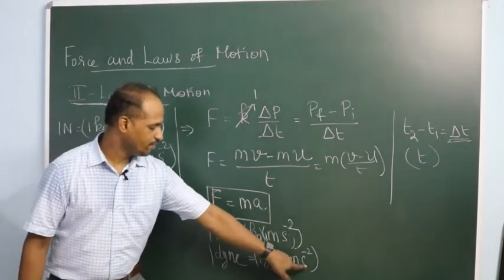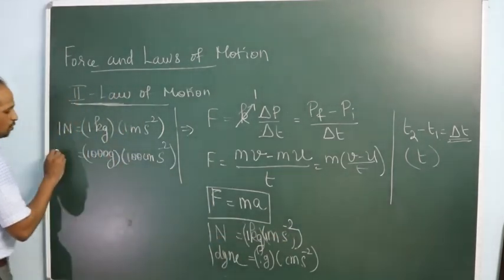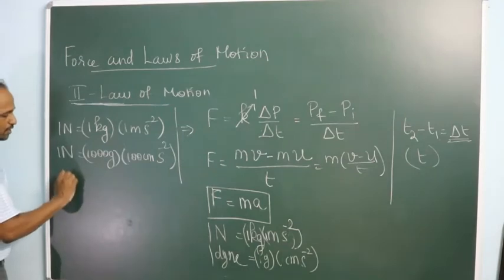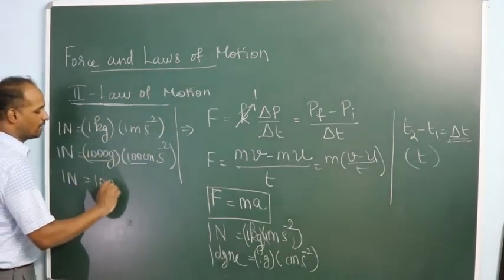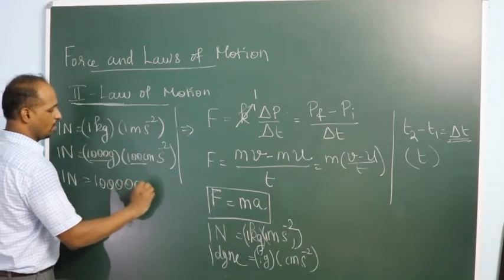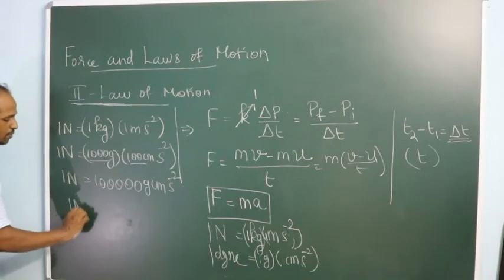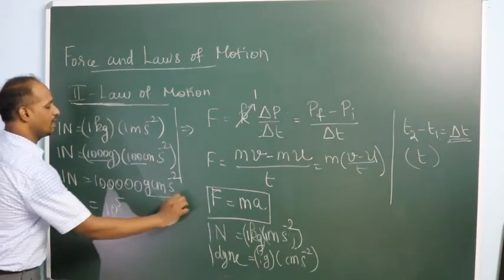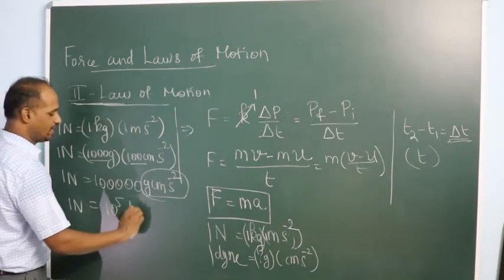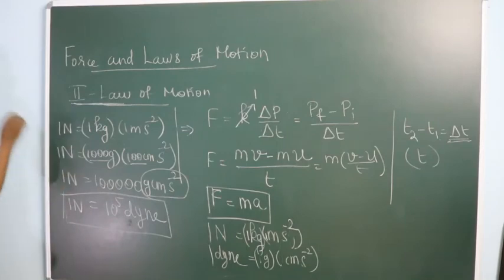So gram centimeter per second square is dyne, and kilogram meter per second square is newton. So 1 newton is 1000 into 100, which is 1 lakh, gram centimeter per second square. 1 lakh is 10 power 5. Gram centimeter per second square is dyne. So 1 newton is equal to 1 lakh dyne.